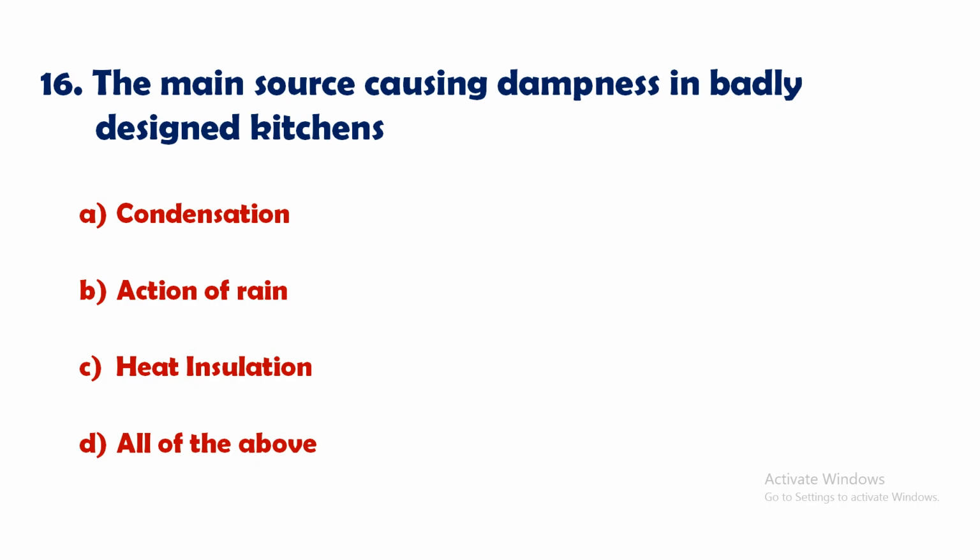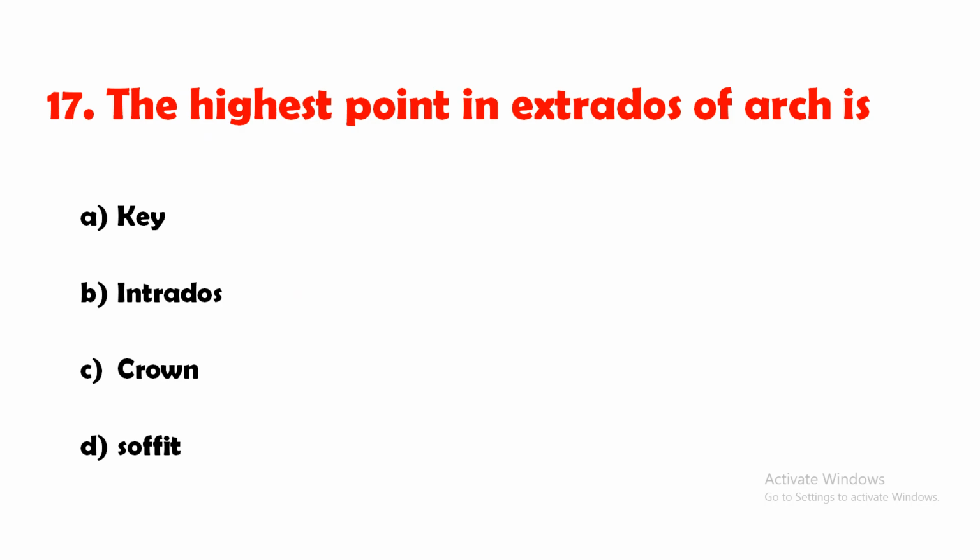The main source causing dampness in badly designed kitchen is by condensation, action of rain, heat insulation, all of the above. The answer is the main source causing dampness in badly designed kitchen is due to condensation. The highest point in extradose of an arch is key, intradose, crown, soffit.